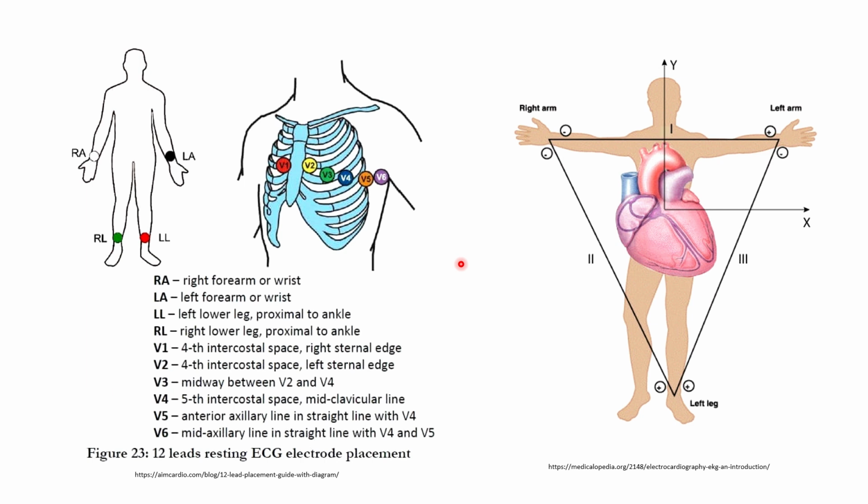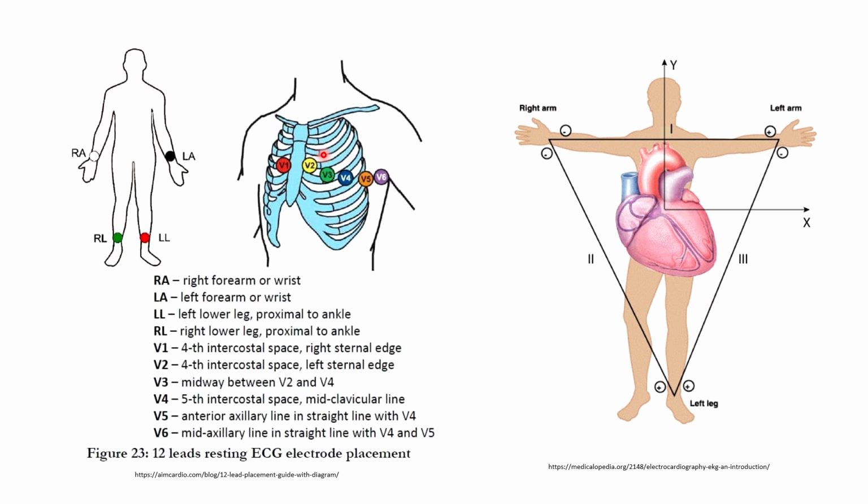So it only helps to improve the quality of the ECG, nothing else. So we only work with the right arm, left arm, and left leg. That's why we have this triangle of Einthoven. Einthoven was one of the scientists that made this triangle, which I will explain in the next slide.